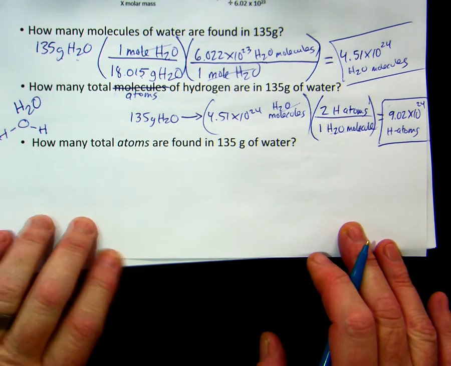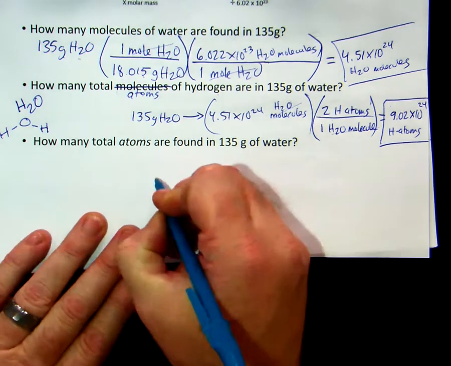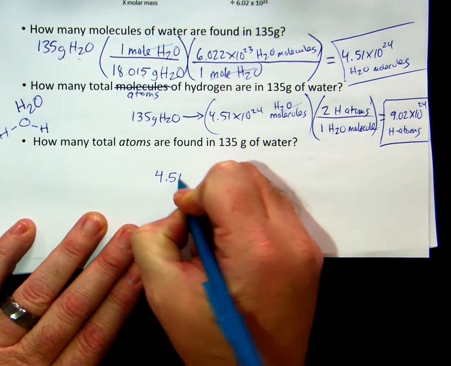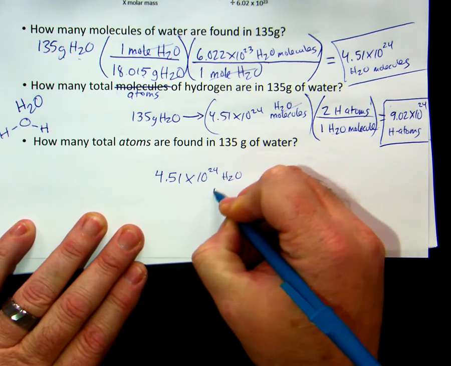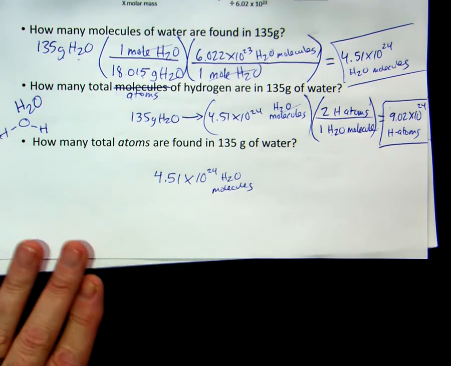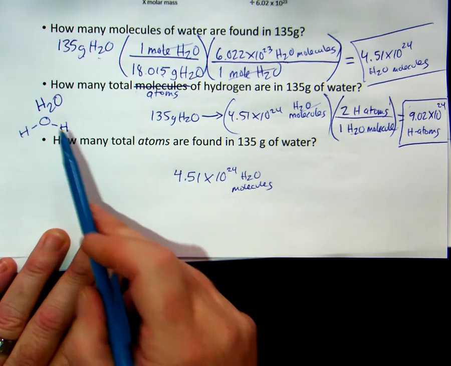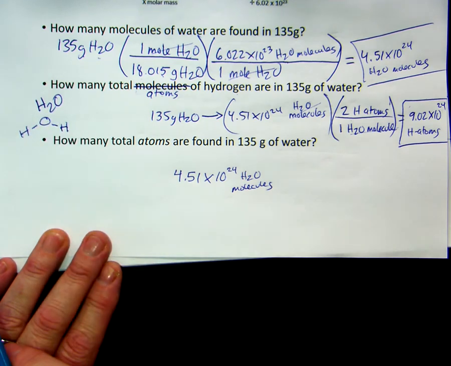All right, now the next question says, all right, the same 135 grams of water, which we've established as 4.51 times 10 to the 24th water molecules, how many total atoms would there be? Well, that would ask you to look at the fact that water is 3 atoms per molecule.